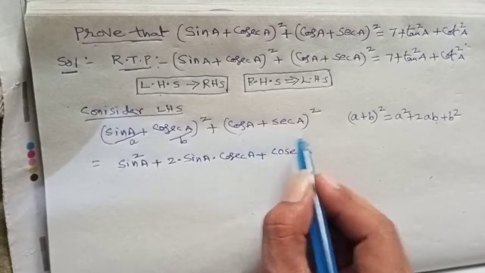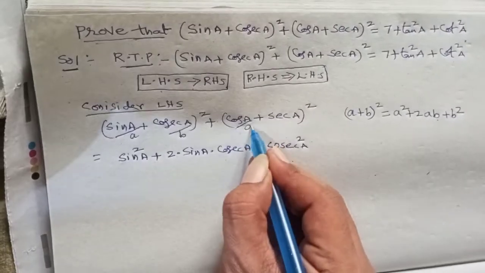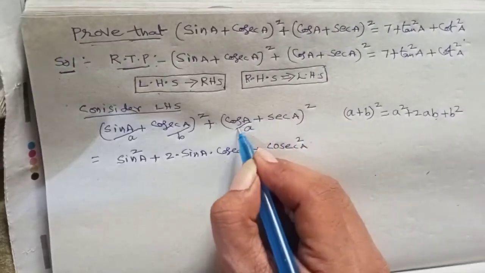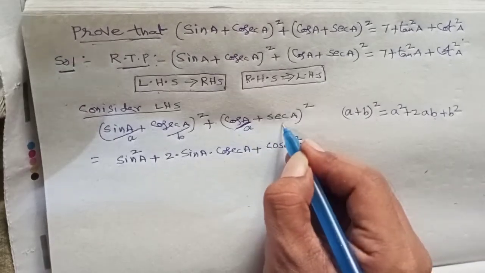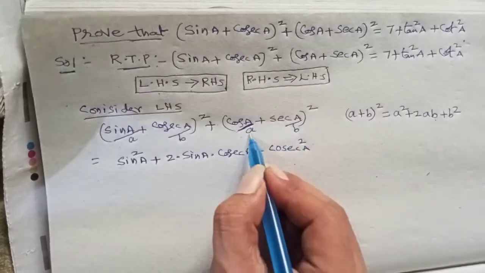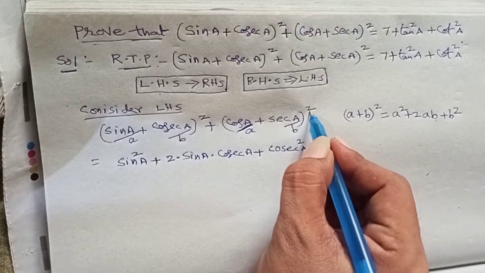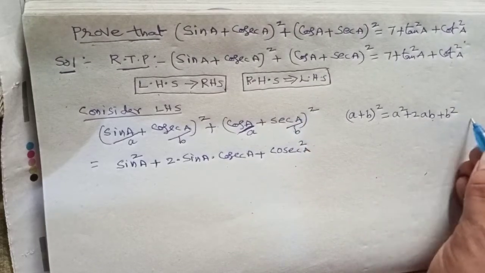Then come to this term. Here also you can find (a + b)². If you take this as a, and this as b, it becomes (a + b)². So again you have to apply this formula only.